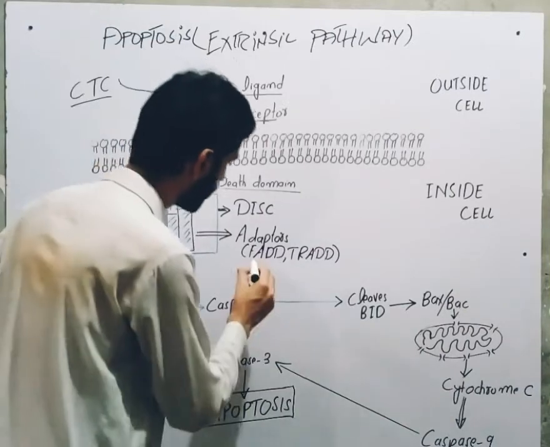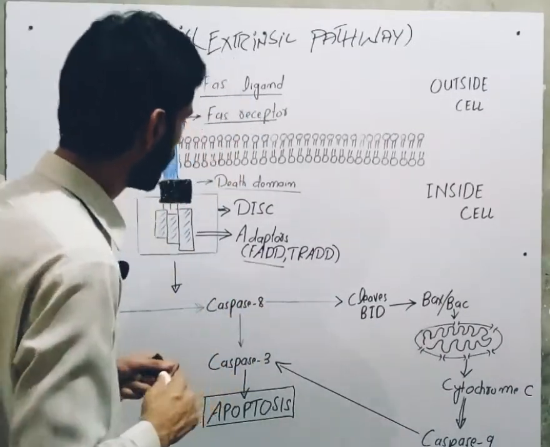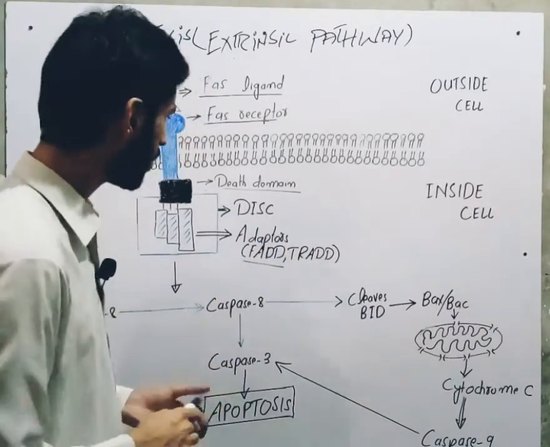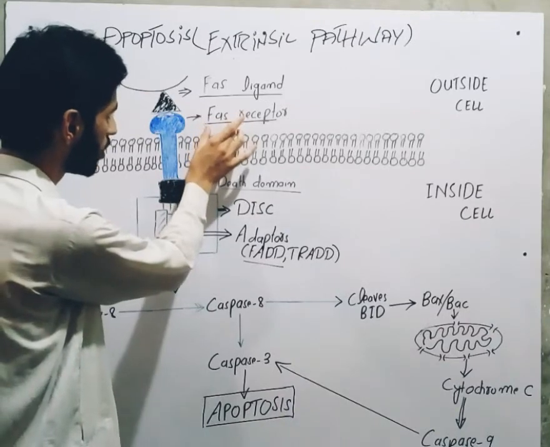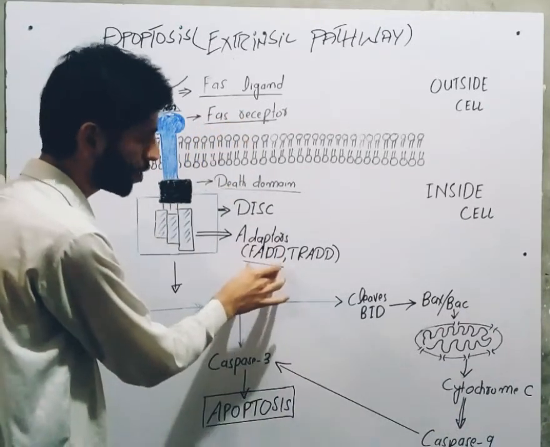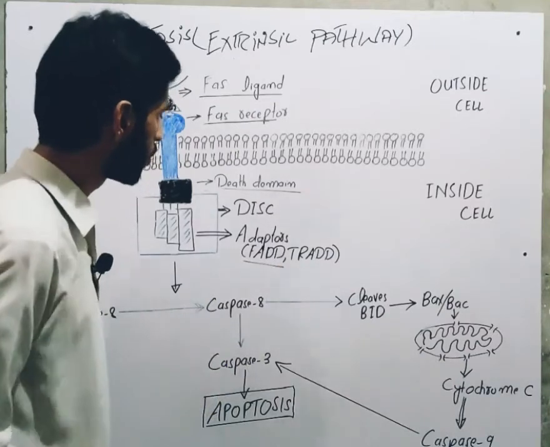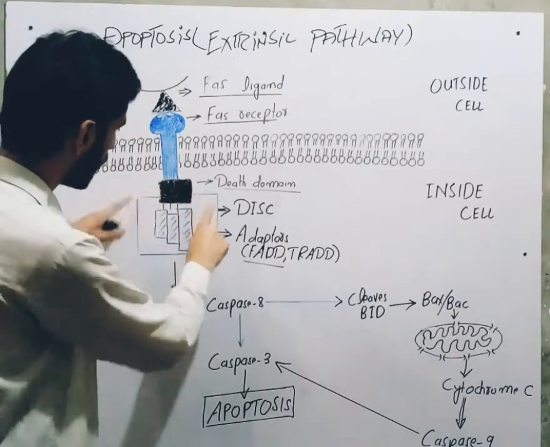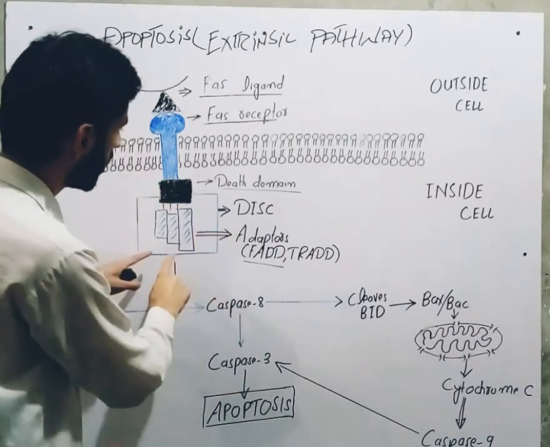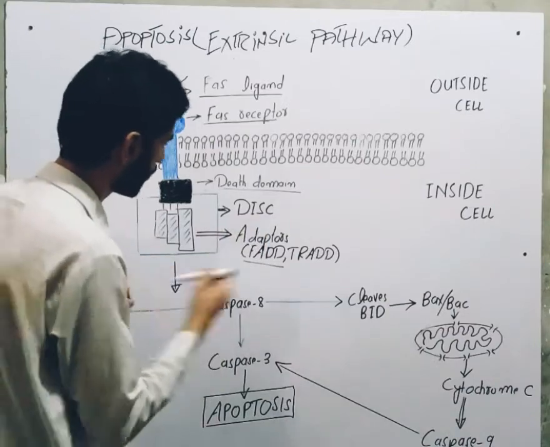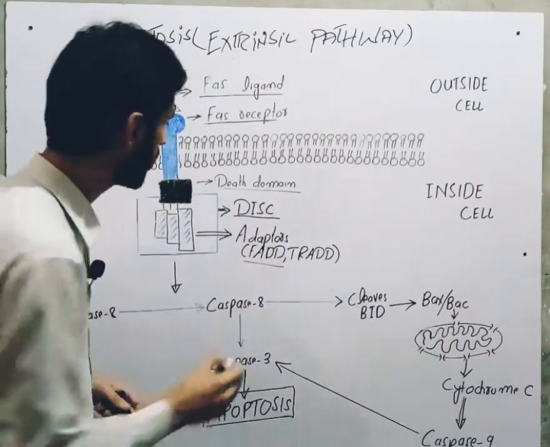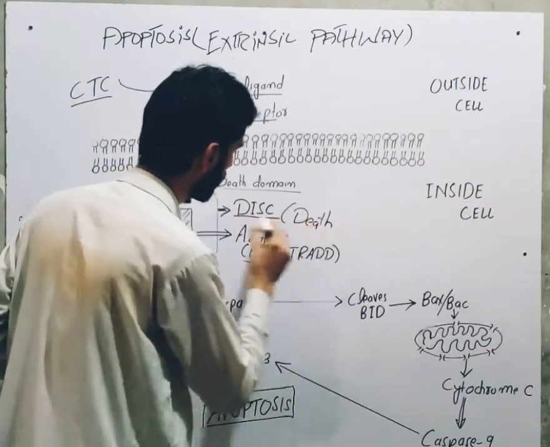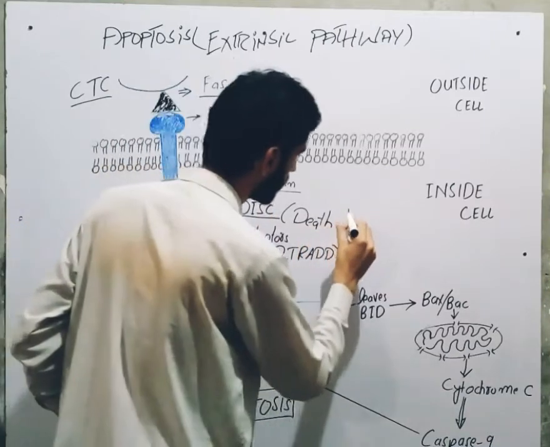For example, there is an adapter called FADD. FADD stands for FAS associated death domain. So it is actually FAS associated. That's why it is called FAS associated death domain. When these adapters get activated, this domain and these adapters are combinedly called DISC. DISC stands for death-inducing signaling complex.